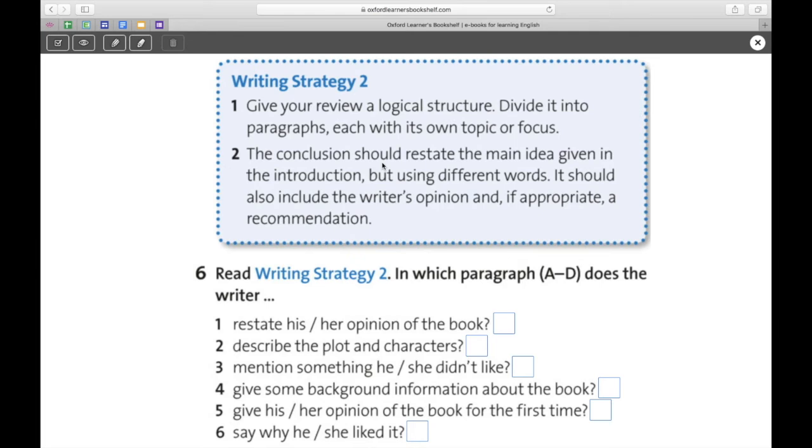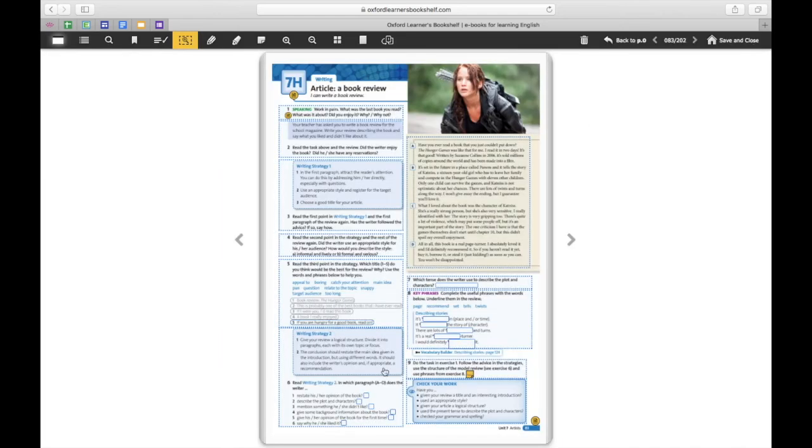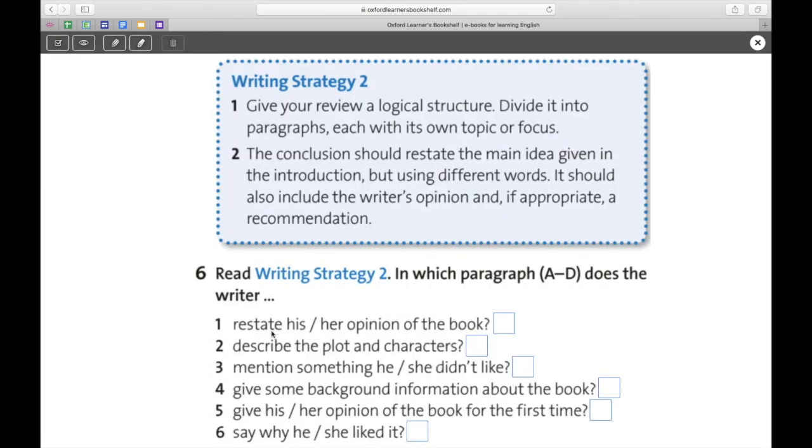It should also include the writer's opinion and, if appropriate, a recommendation. In which paragraph from A to D does the writer... So here we need to match this from the article, A, B, C, D. So you need to match it on your own, but I will help you with the first ones.